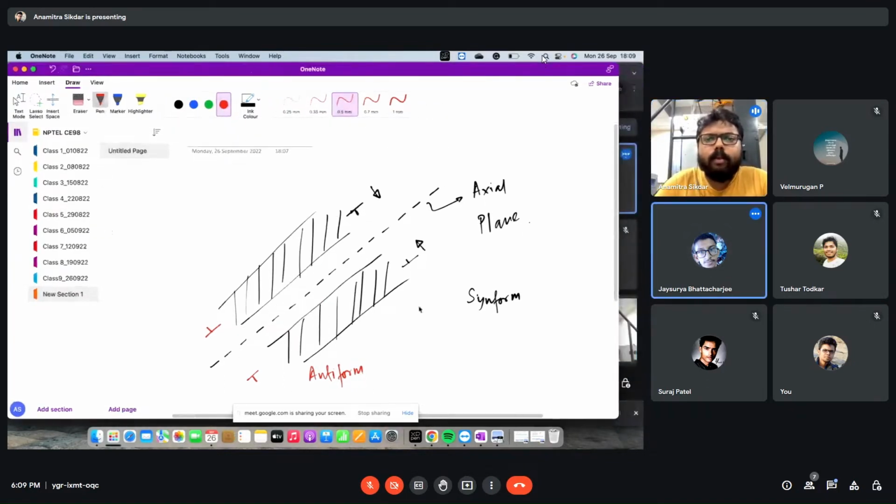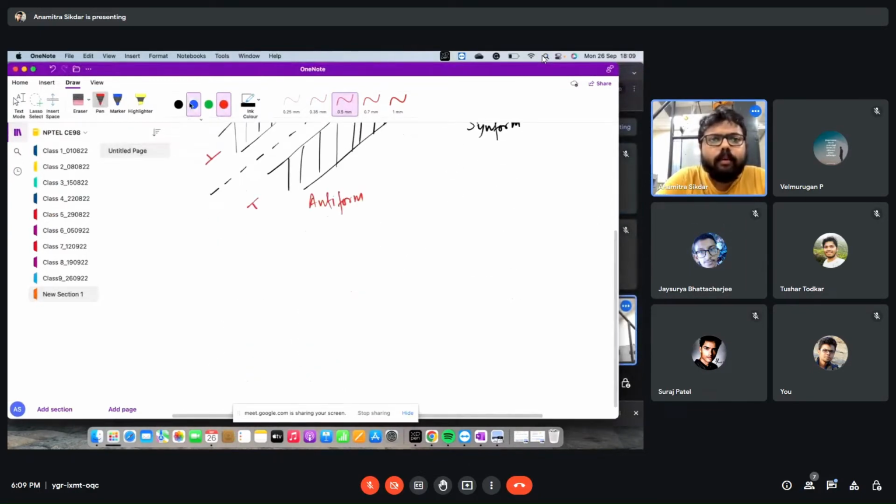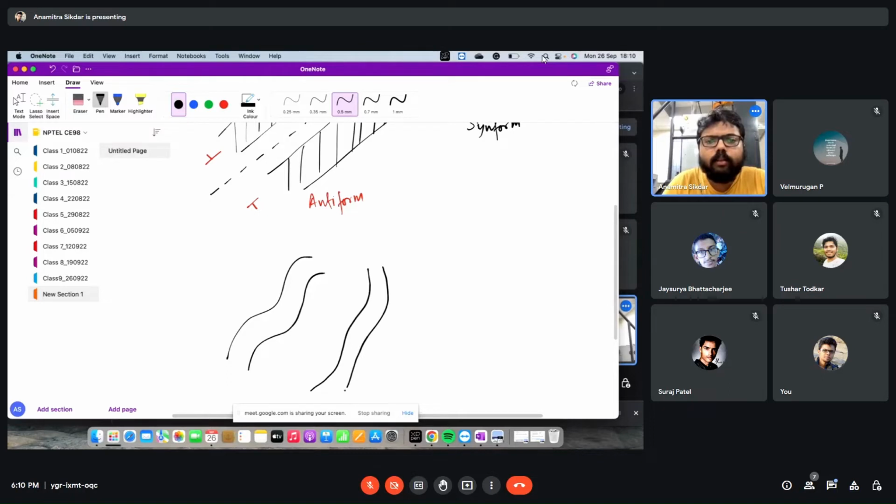Yes, sir. So we may have different outcrop patterns. So for example, you don't always get very planar outcrops like this, right? So you may get a fold like this also, right? In the outcrop you are seeing this, right? So this is the same bed as this one, right? Maybe it may be going like this, and your axial plane will be somewhat like this, right?